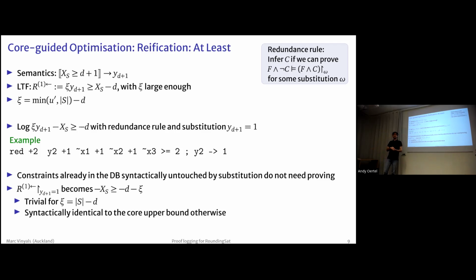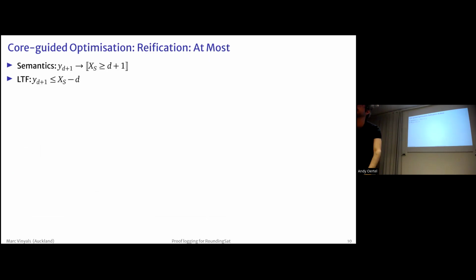Do things make sense up here? Great. So that was one direction of how we introduce this reified variable. The other direction is the opposite. Now we want to say that if y_{d+1} is 1, then our core must be of size at least d plus 1.